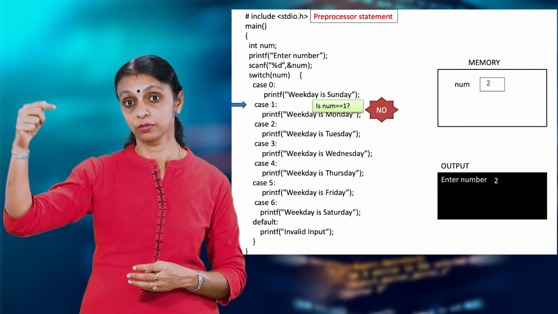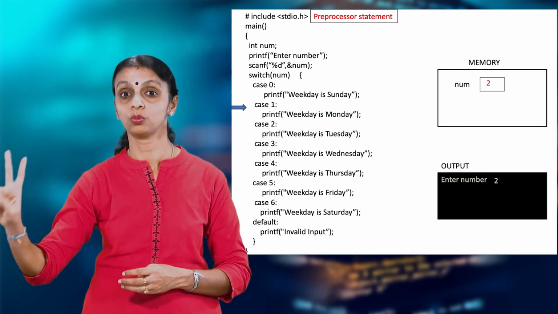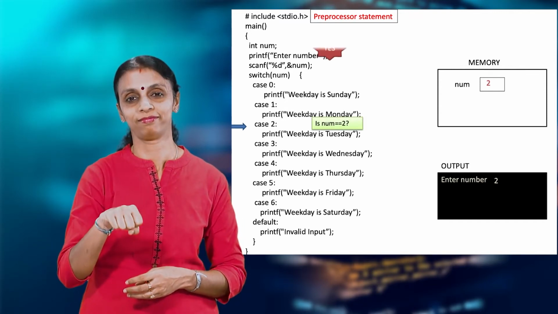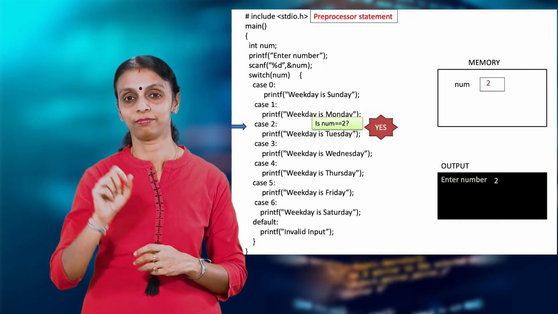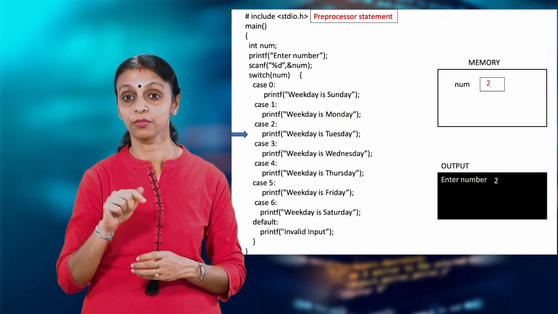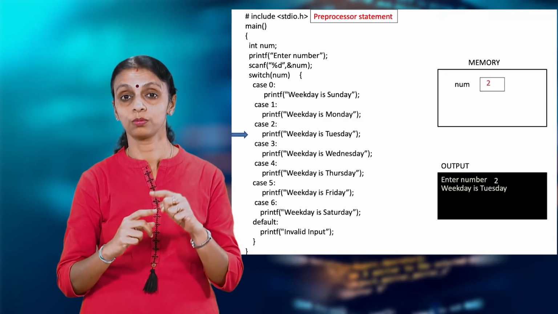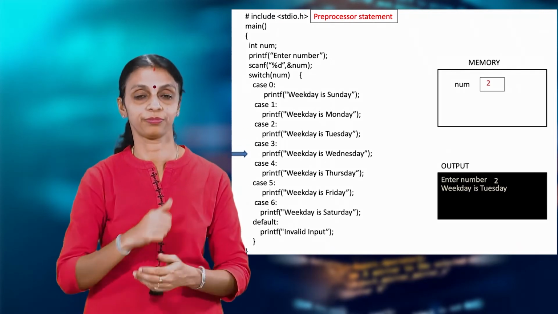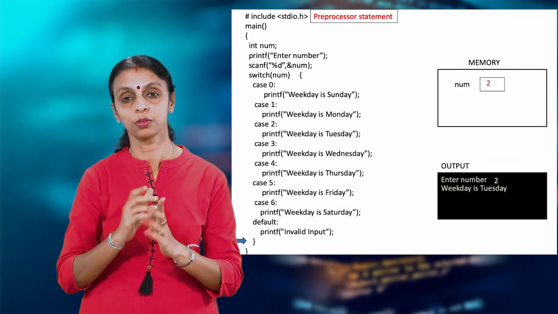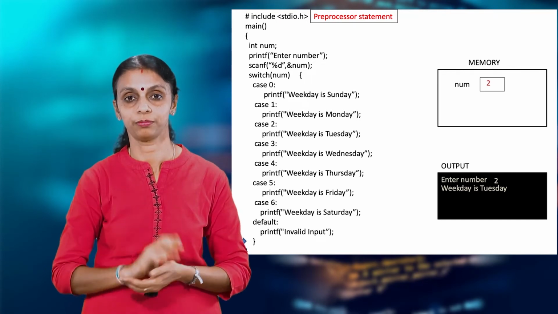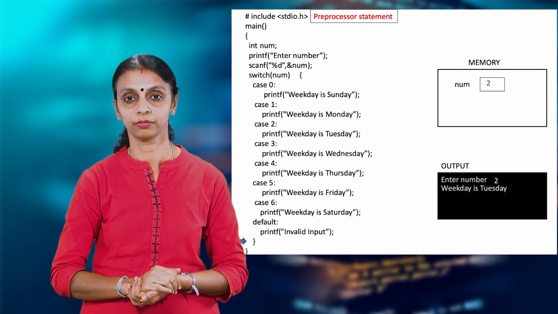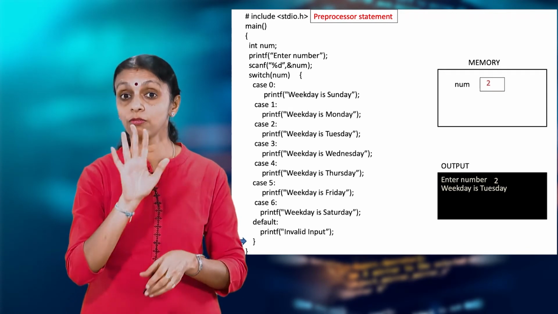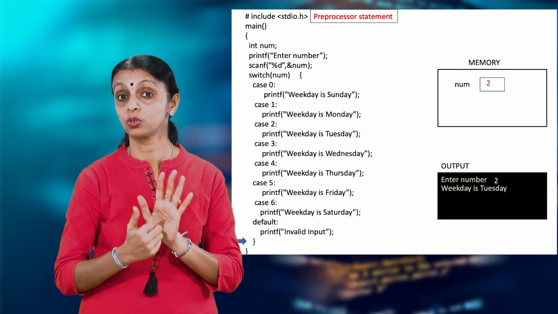So, it jumps to next case, that is case 2. Yes, here the value matches. So, it prints the text weekday is Tuesday and exits the program. Similarly, if the user inputs 5, the output will be weekday is Friday.